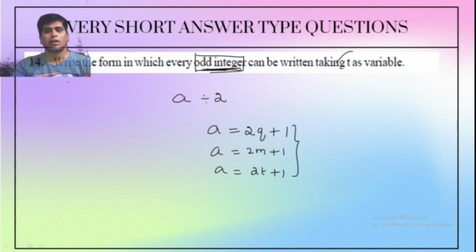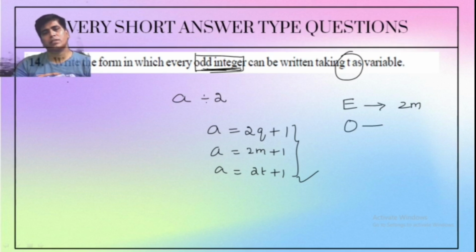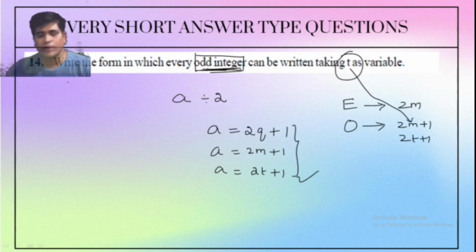He told us to take t as the variable, so 2t plus 1. As simple as that. Even numbers are in the form of 2m, odd numbers are in the form of 2m plus 1, but taking t as a variable, 2t plus 1.